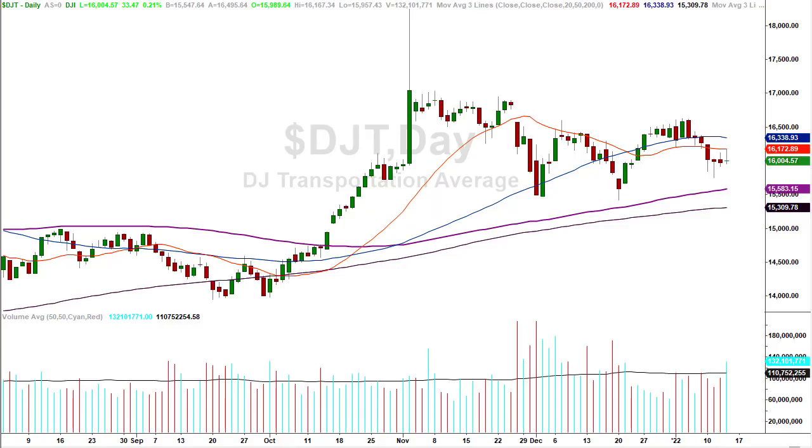Last line of defense, 208.76, weekly close. What about the folks down at the transportation department? A little curious over here. Finished up on the day, still sandwiched in between the moving averages on the top side and the bottom side. Nothing changed from yesterday. $33 on a $16,000 index is a rounding error, 0.2%.